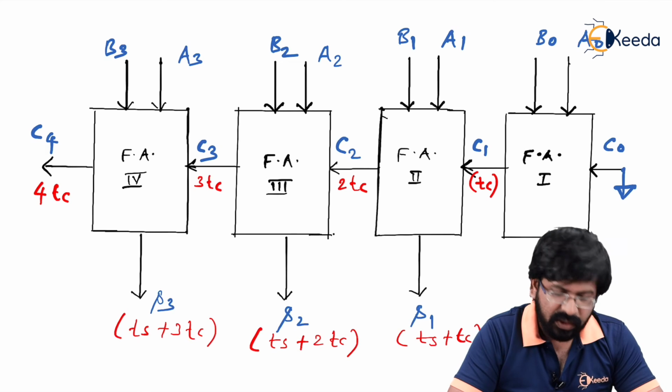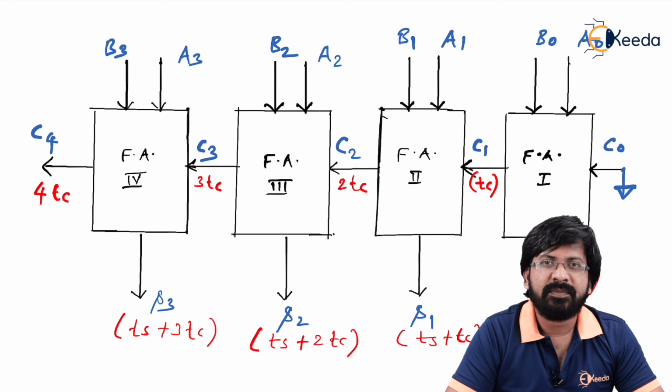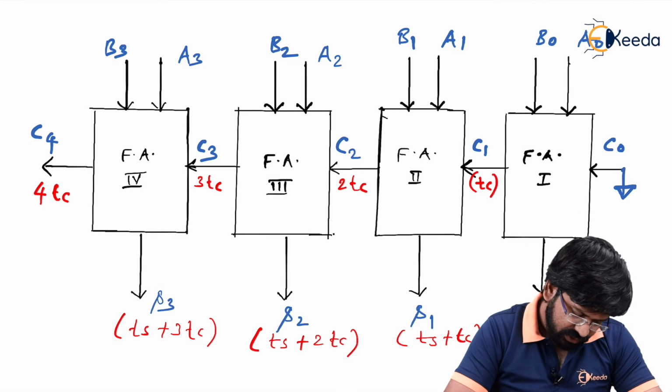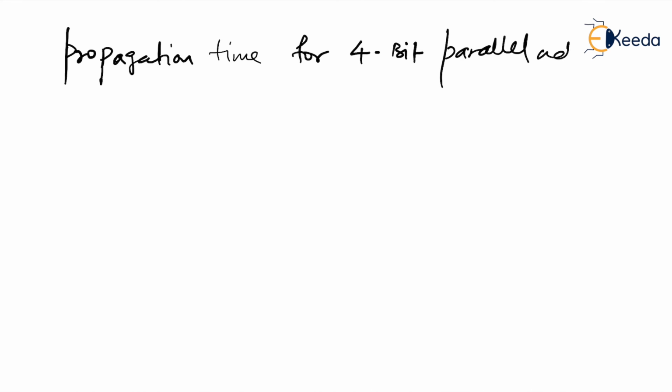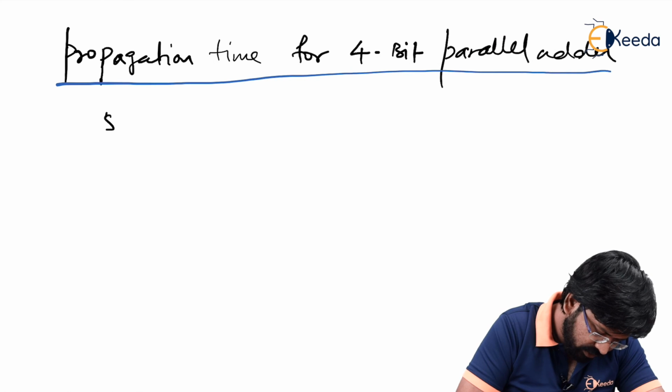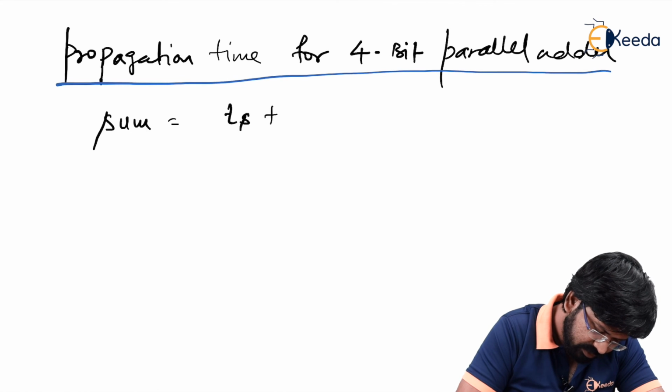So now we have to come to the conclusion. What is exactly the propagation time? So we will see. As we have already seen, to generate the sum, it takes Ts plus 3 Tc time.